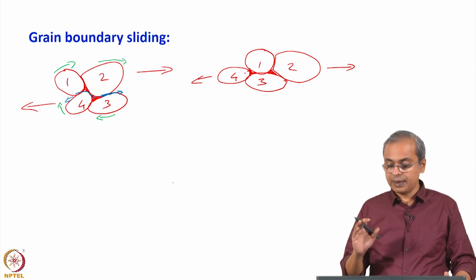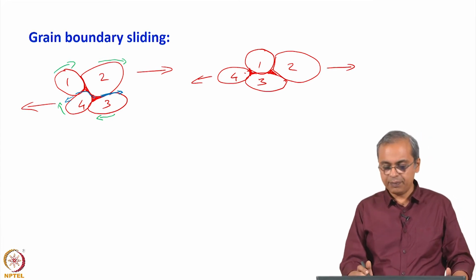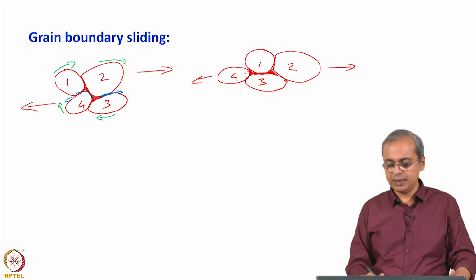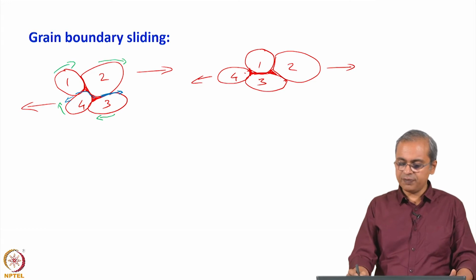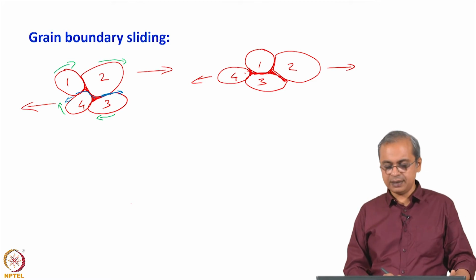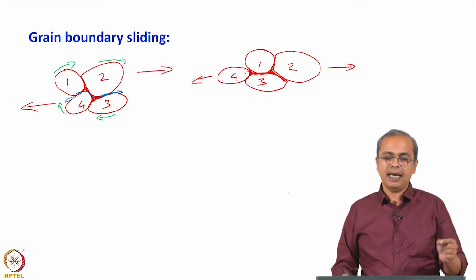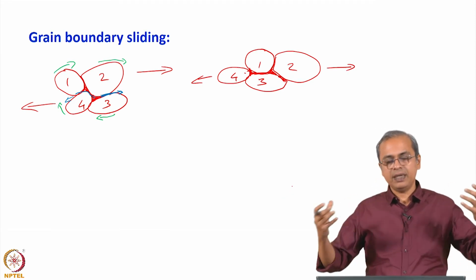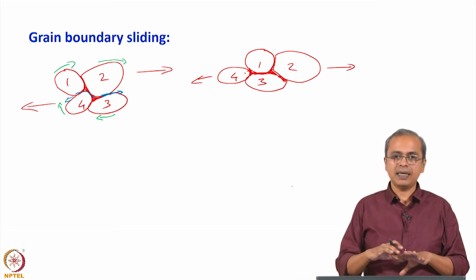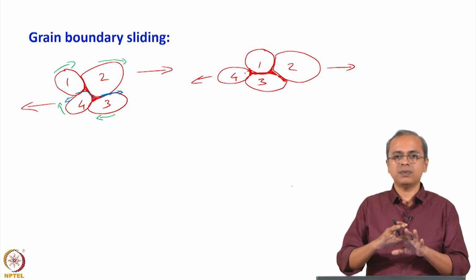This has a lot to do with how those grain boundaries are, what is happening at those grain boundaries, what the angles at those grain boundaries are, and what the level of bonding at those grain boundaries is. A lot of things have to be looked at for this to happen, but this is the model that has been suggested: instead of individual grains deforming and that deformation collectively resulting in the overall deformation of the sample, here grains are not necessarily deforming, but they are repositioning themselves with respect to each other.